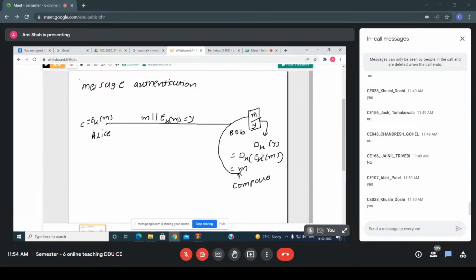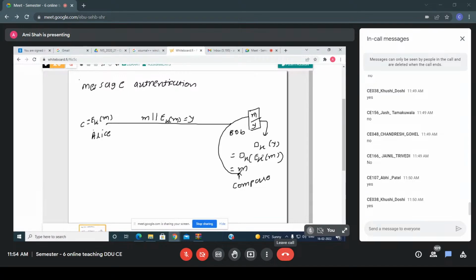When Bob decrypts it with this key, Bob gets M. This is the original message, and after decrypting, whatever M you are getting is compared with this message. If both the messages are the same, then Bob can ensure that the message is coming from Alice, and in this way the authentication is done. Is that clear up to this, everyone?